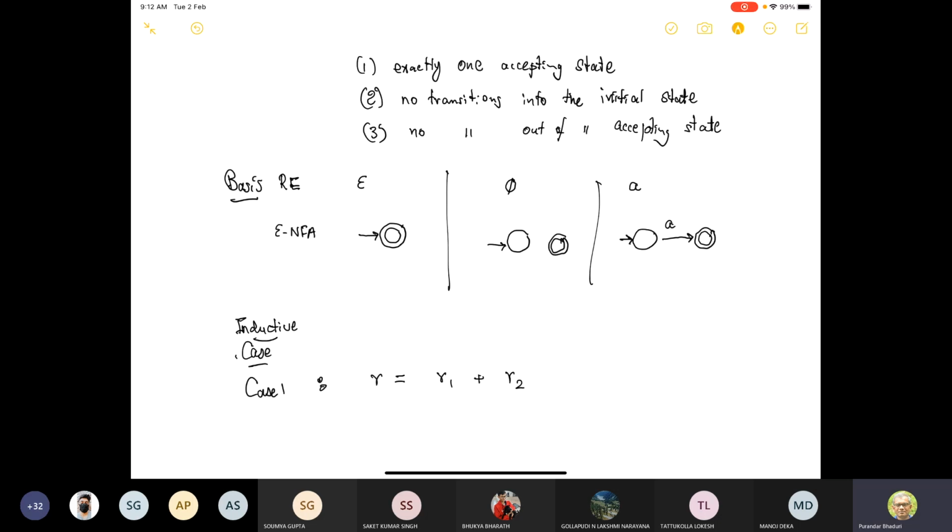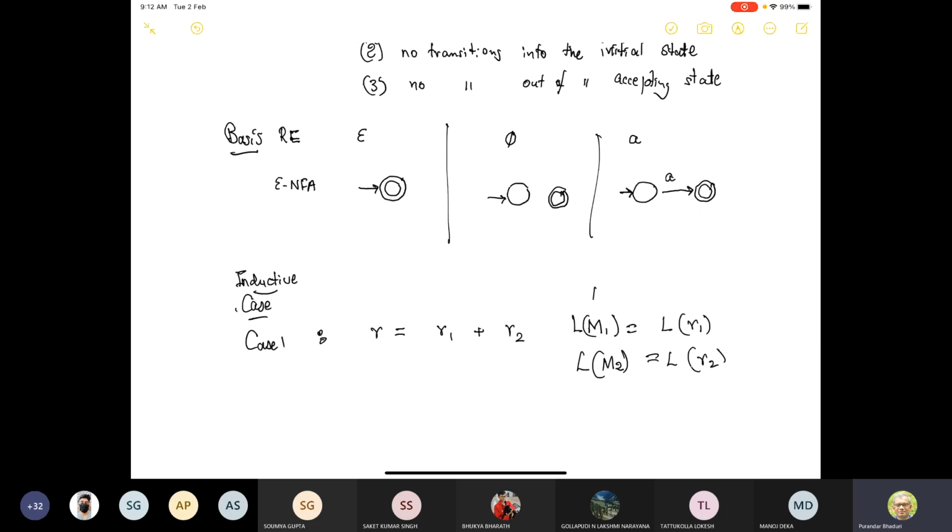And let's assume that the epsilon NFA M1 accepts the language denoted by R1, and similarly for M2, right?